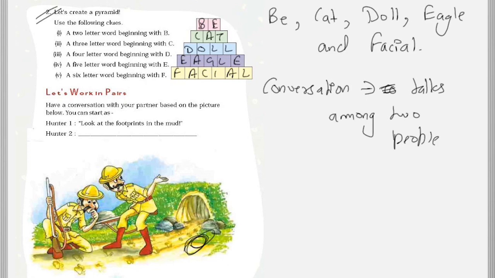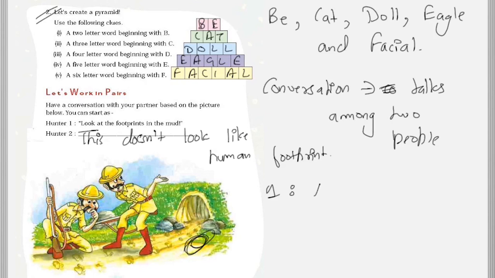Hunter 2 would say, this doesn't look like human footprints. The first one will say again, of course, this looks like an elephant giant's footprint.